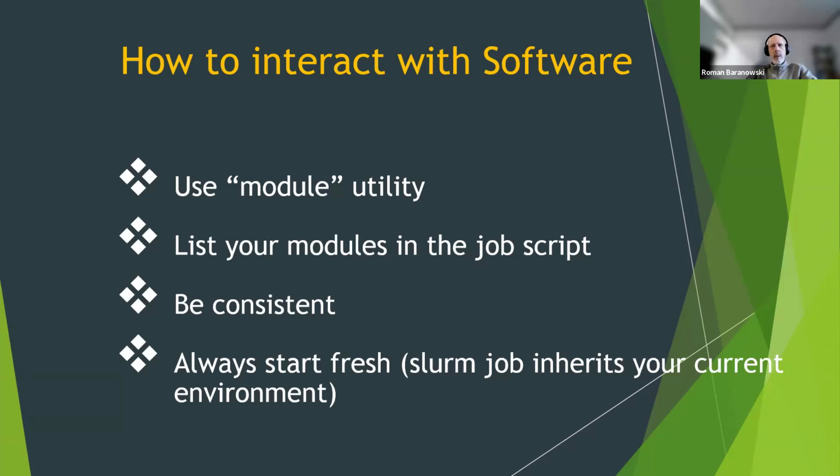Whenever you start working on your job submission script, start with a fresh environment, because if you load some modules and then load other modules in the job script, there can be a conflict, since a Slurm job inherits your environment when you submit it. So always start fresh, use module purge, and then load the proper modules.